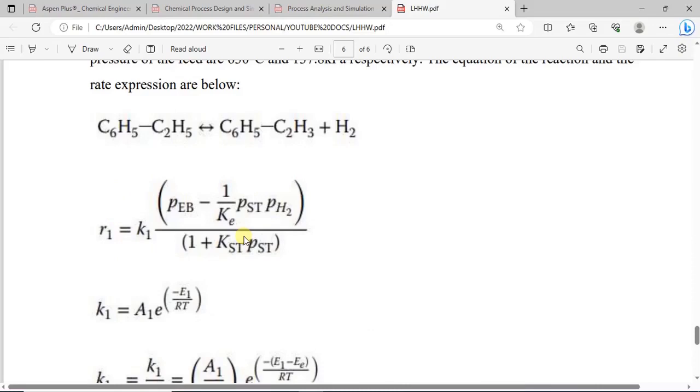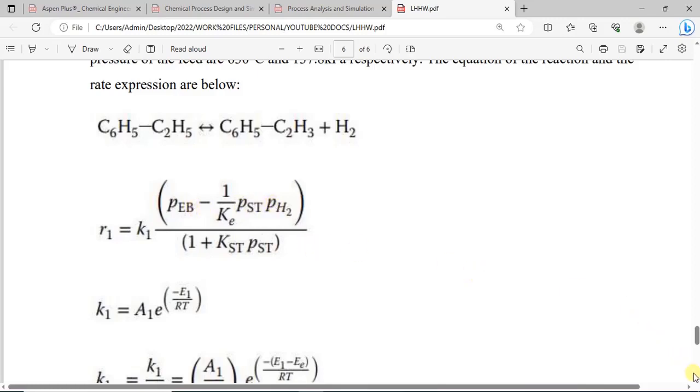And this particular rate expression is based on partial pressure, right? Because we have the concentration basis is P, as you can see. It's P, PEB, PST, pH2, right?